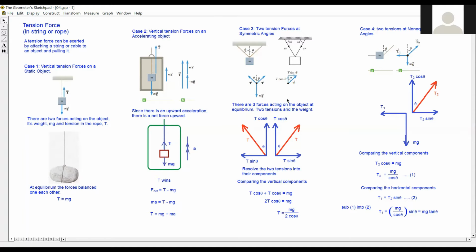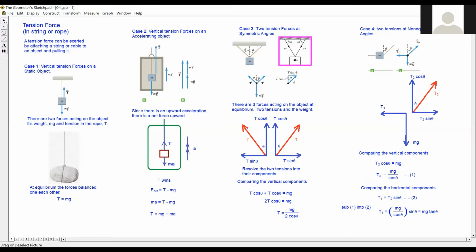Right. So we look at case number 3. In case number 3, it is something like this. An object is hanged by 2 strings. These 2 strings or 2 ropes are at the same angle with the horizontal.